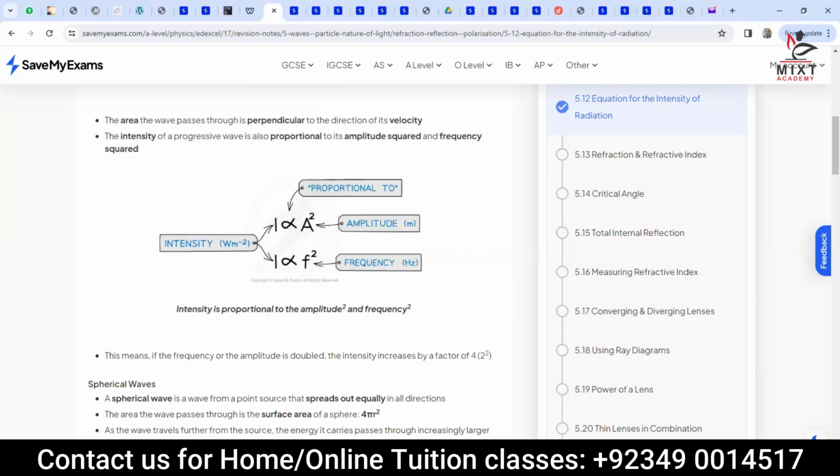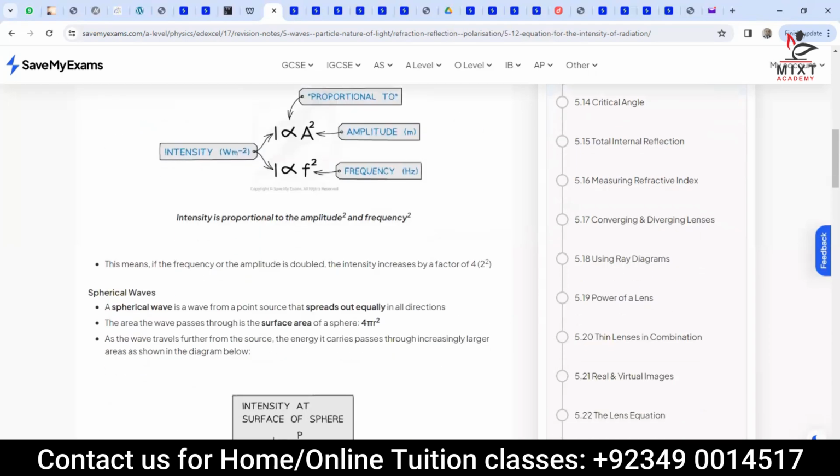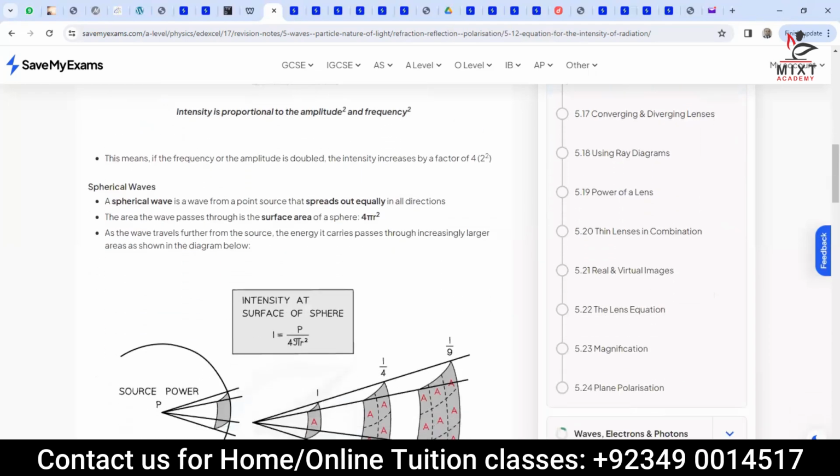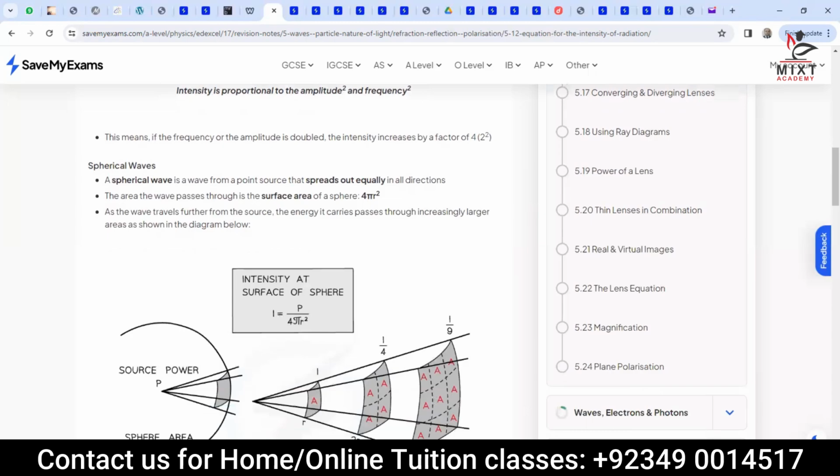No, sir. Okay. Now, spherical wave. What do you mean by spherical wave? Spherical waves are waves which pass through a certain area in the form of a sphere, like a circle, as you can see here. They are not passing in a straight line, but in a circle.